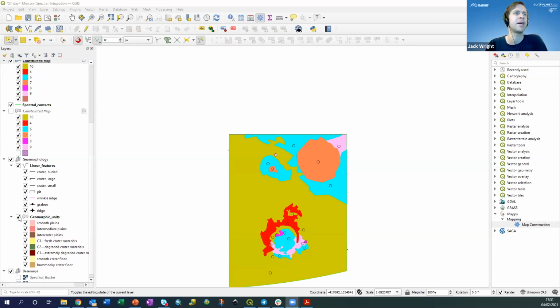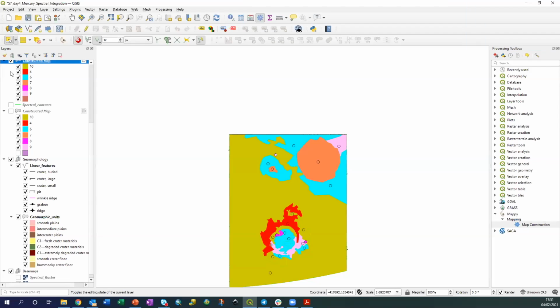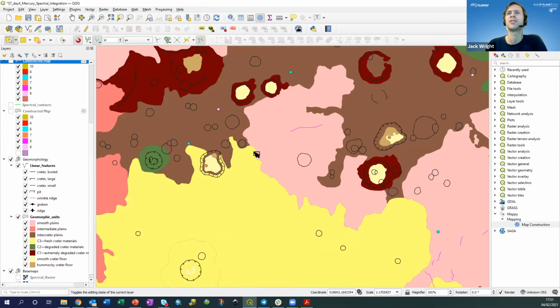That is an interesting idea, but what always confuses me about this area is that these two vents are not very different in size. This one here is about 30 or 40 kilometers across, and this one is a similar size.